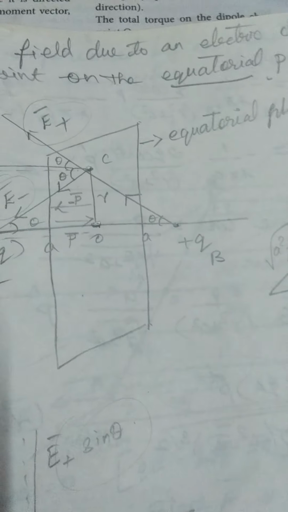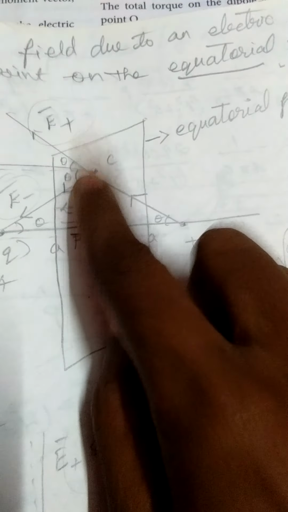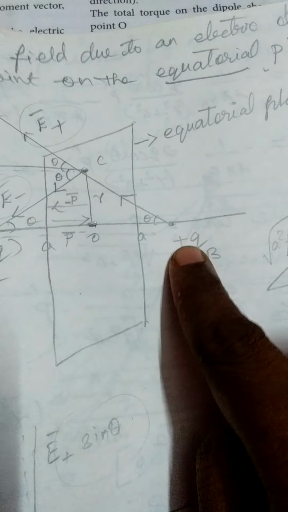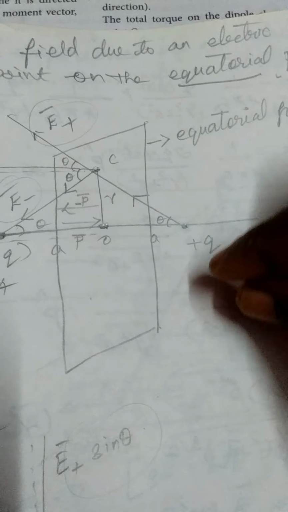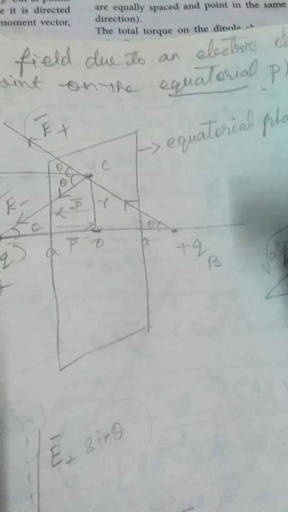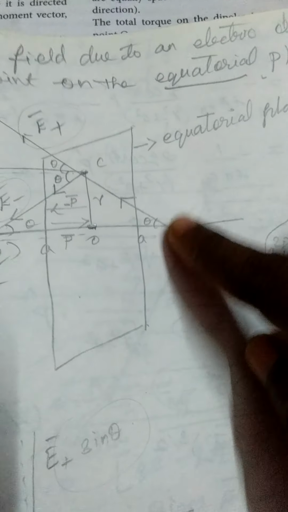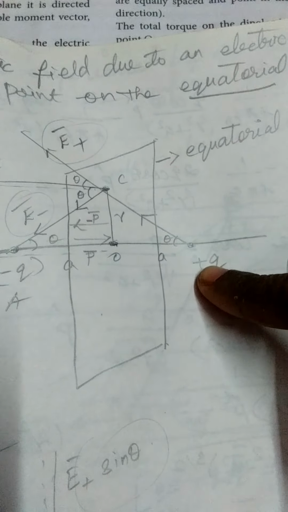Now at point C, for the positive charge, the electric field points away from the charge.